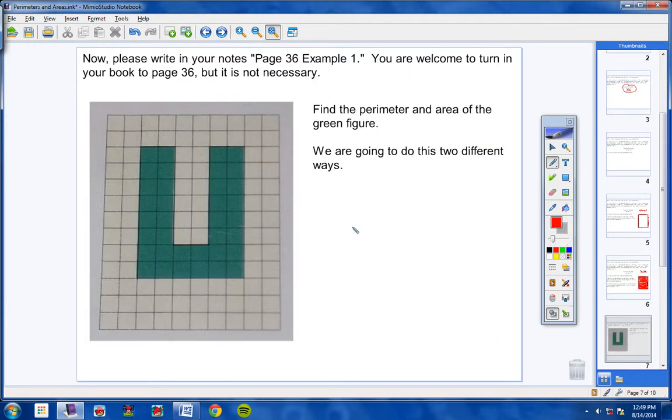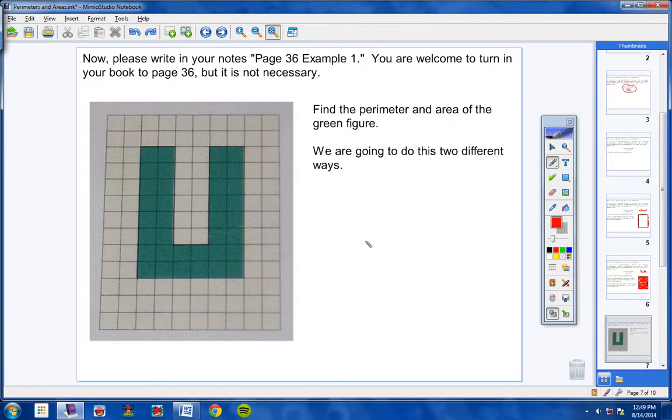In your notes, I would like you to write down page 36, example 1. Please copy that in your notes right now. You are welcome to turn in your books if you want to, but it's not necessary. You do not need to copy this diagram down. The whole reason I want you to write in your notes page 36, example 1, is to save time in class so you don't have to write this figure down.